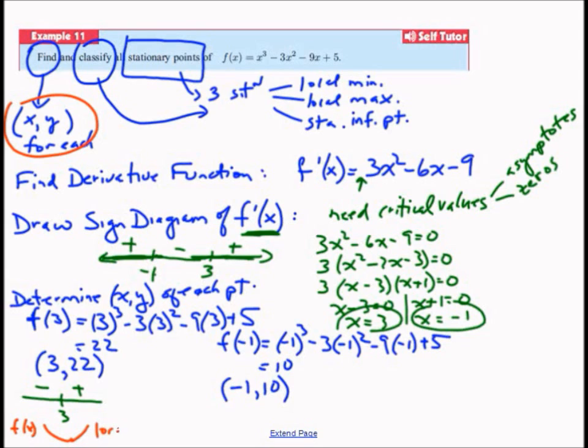That means that this must be a local minimum. Again, if we take a look at our localized sign diagram just about the -1, it's a plus and then a minus, positive and then negative, which means that on f of x, the original function, we're increasing until -1 and then decreasing. So this must be a local maximum.